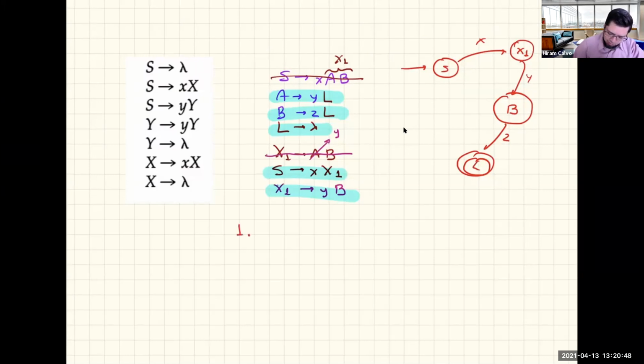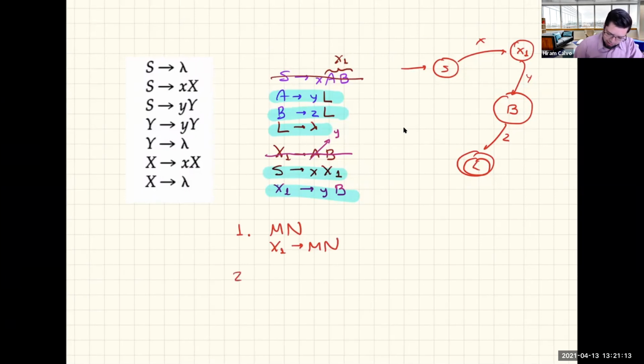One, for two pairs of non-terminals together, like M and N, you can create a rule which is X1 goes to M N. We did it here.